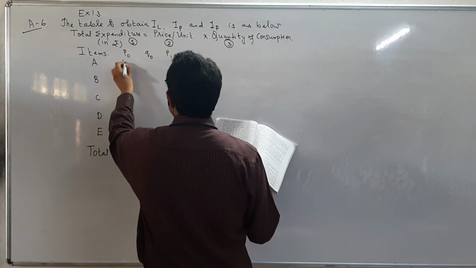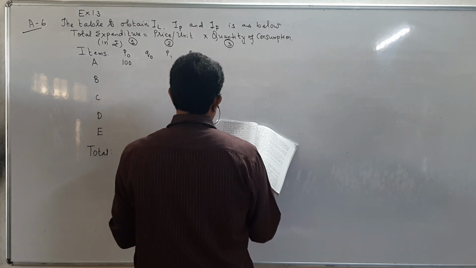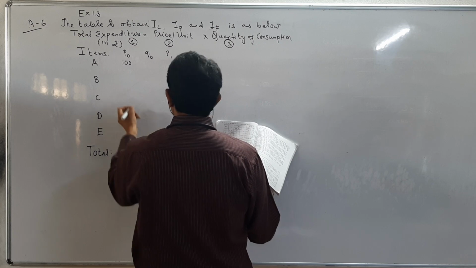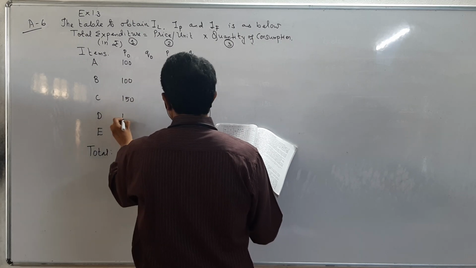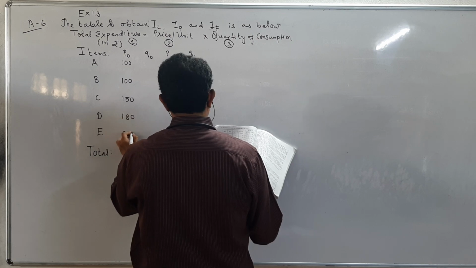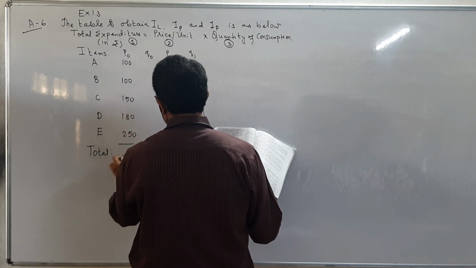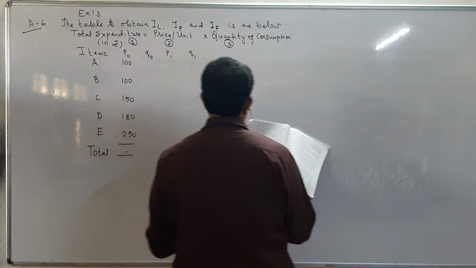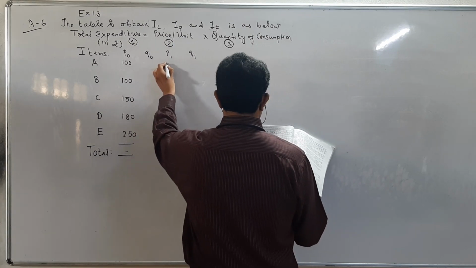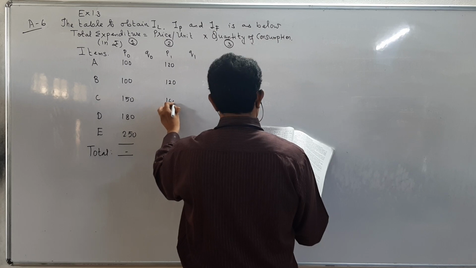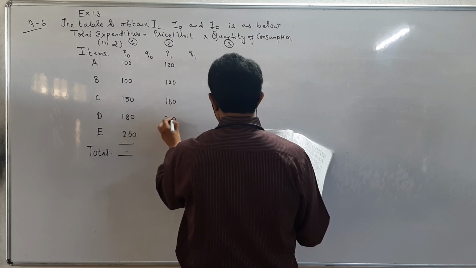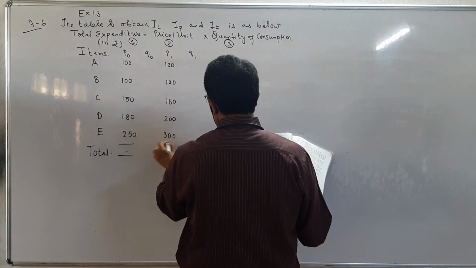Price is already given 100. Base year is 2014. Then again 100, 150, 180 and 250. Now I am writing current year's price also. 120, 120, 160, 200 and 300.